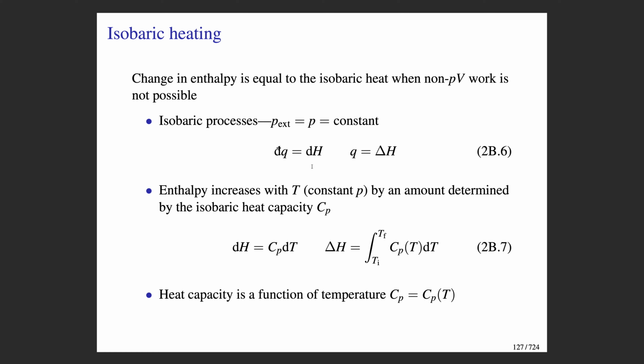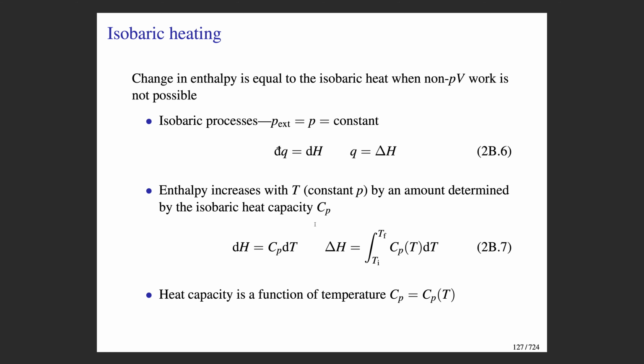The enthalpy, H, increases with temperature under constant pressure by an amount determined by what's called the isobaric heat capacity. Previously, we looked at how the internal energy changes with temperature under constant volume conditions. Now we're looking at how the enthalpy changes with temperature under constant pressure conditions.